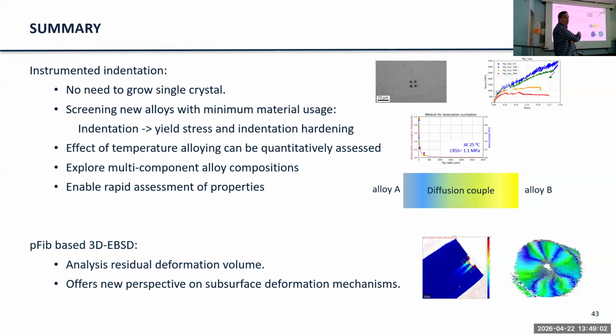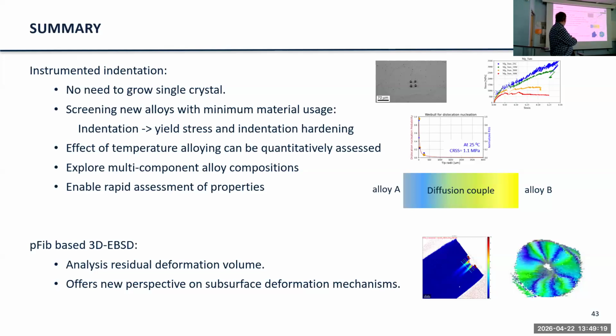You could make a diffusion couple, for example, where you had pure A and pure B, and then you allowed the atoms to intermingle, and then you could look at how the indentation response varies across the compositional gradient.